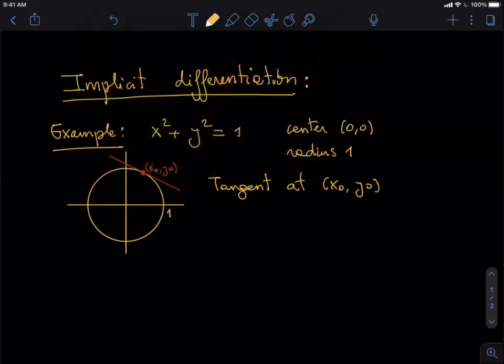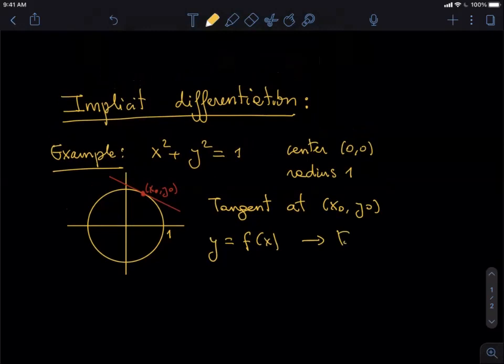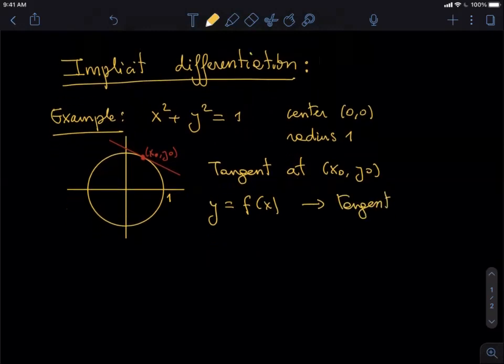Because first thing, we need to write y as a function of x. Then the tangent is going to be f prime of x0 times x minus x0 plus y0. You don't believe me? Try it out.